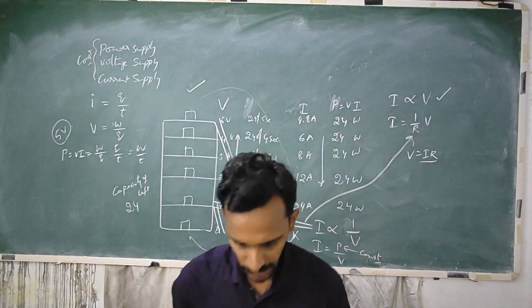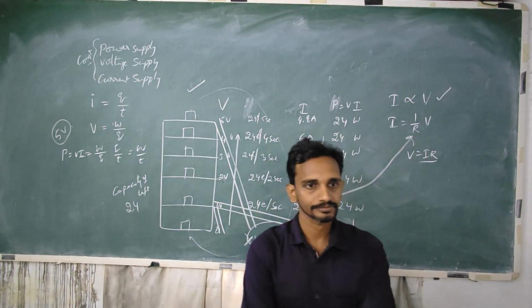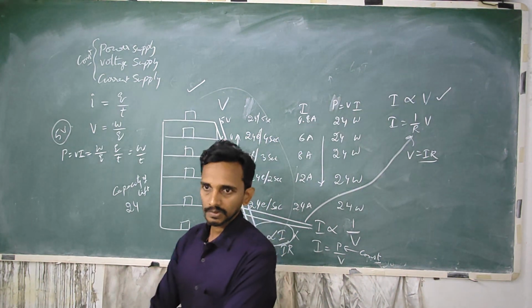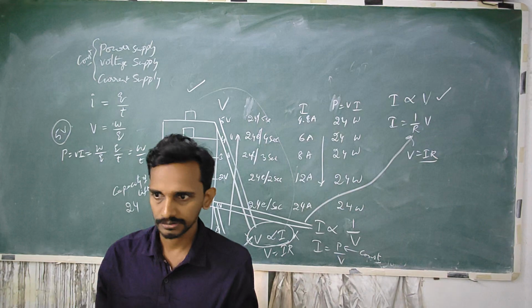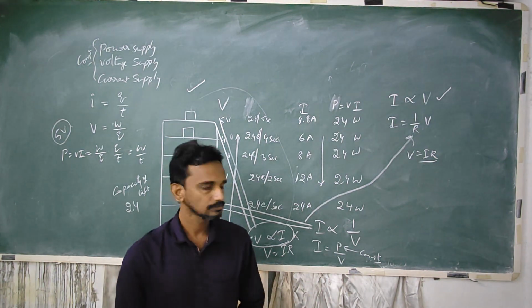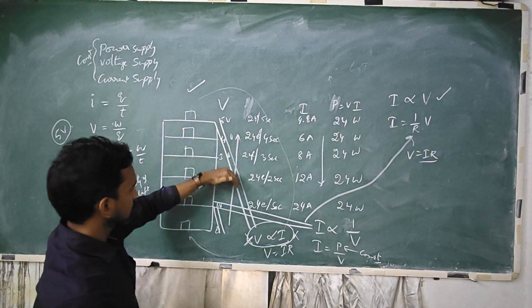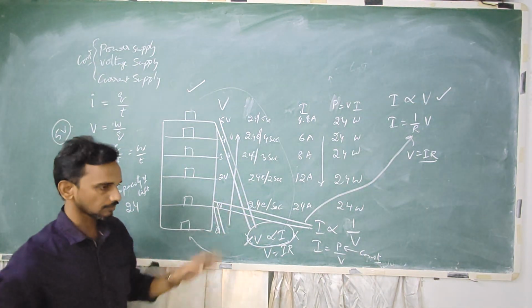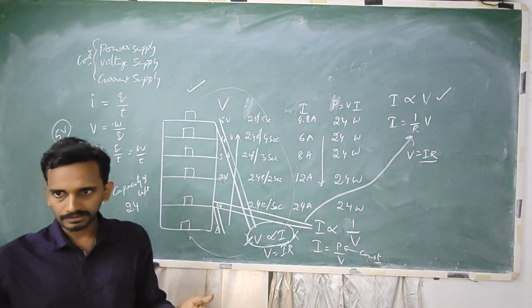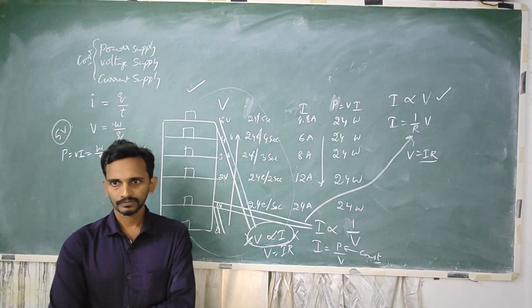Now, what are the factors or parameters that this resistance depends upon? Length, width. Let's say some carriers are coming here. Let's say one electron at a time is coming. If I double the width, 2 electrons will come at a time.